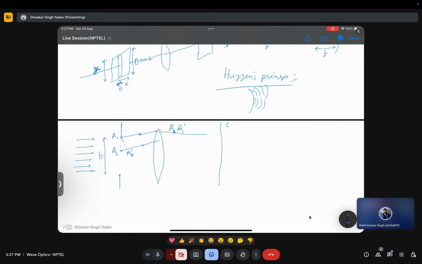This convex lens will now converge it to the same point, and similarly there will be a different point A3 here, from here also. Let's call it P, okay? So wavelets from A1 and A2 will have a path length difference of A2 prime.